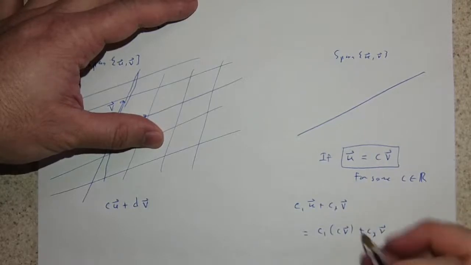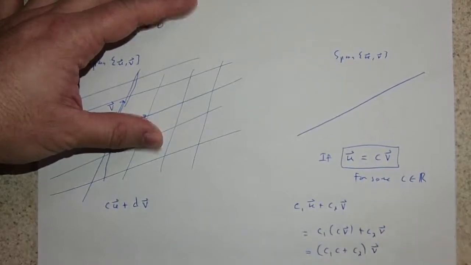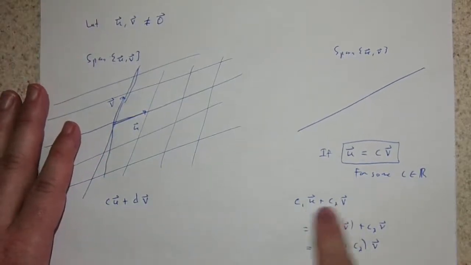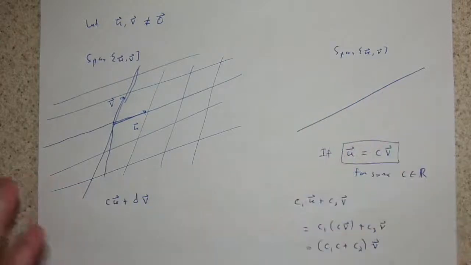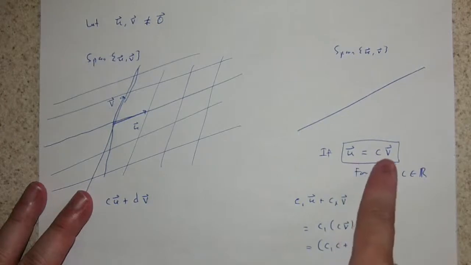And so what I get here is c1 plus c2 times v. So really, I don't get two vectors' worth of directions. I just get one. And the reason why is because u depends on v with this relationship.